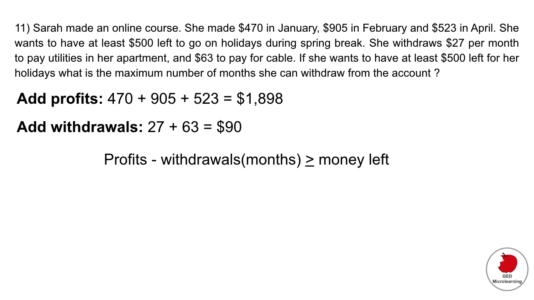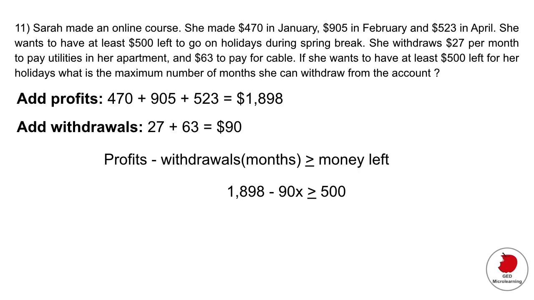And then all of this has to be greater than or equal to the money that she has to have left. That was $500, remember. So all of this on the left side has to be greater than or equal to $500, because that's what it says in the question, that she has to have at least $500 left to go on holidays.